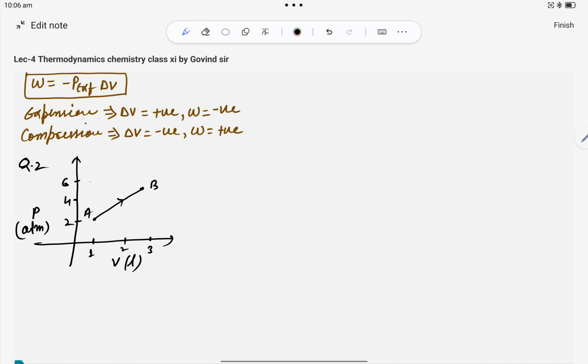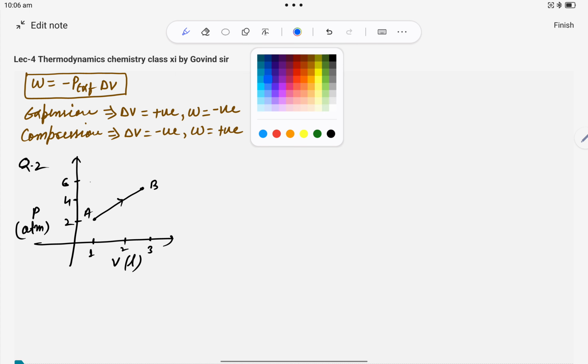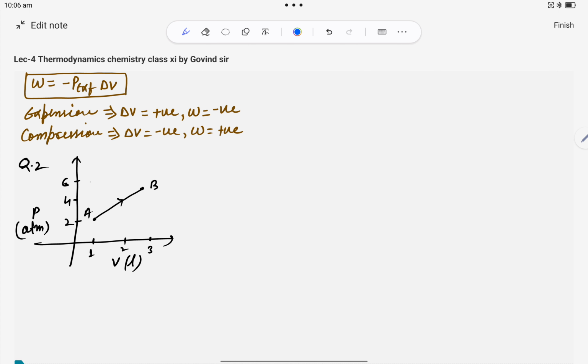What's going on, children, here? Expansion of gas, yes or no? Yes, sir. A gas expands from A to B. Find the work done.